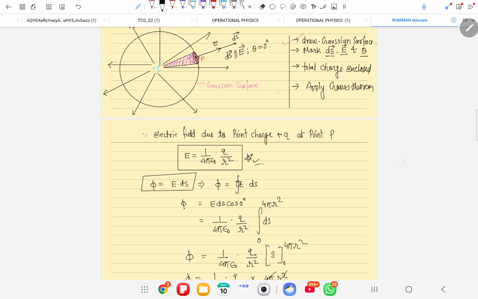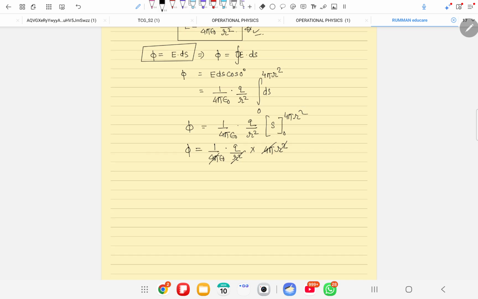Again, lastly we apply Gauss theorem, that is phi is equal to 1 by epsilon naught times the total charge threading through the surface. So the remaining part is phi is equal to q by epsilon naught.